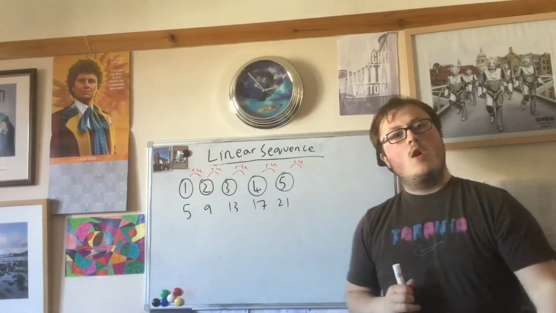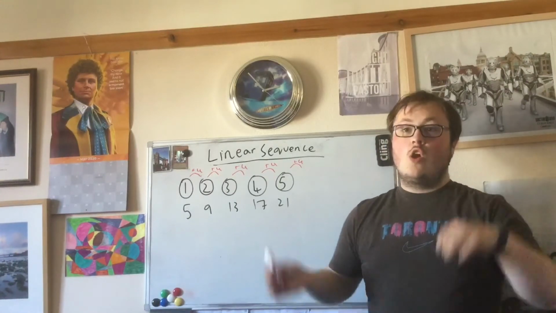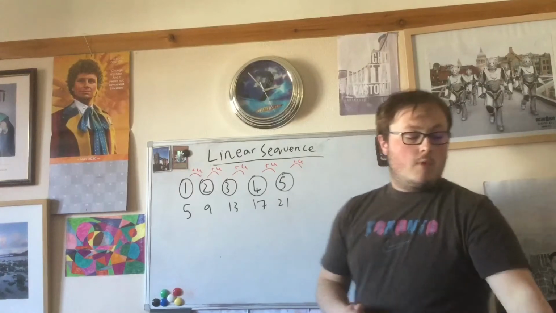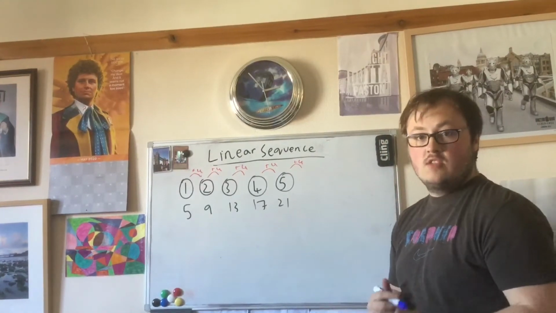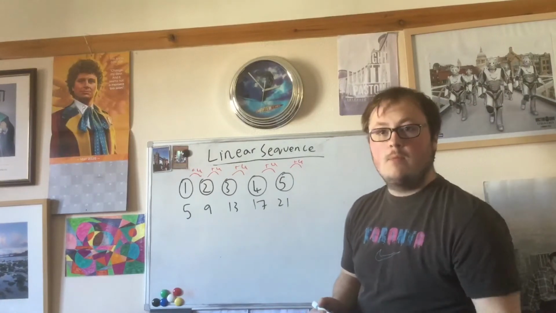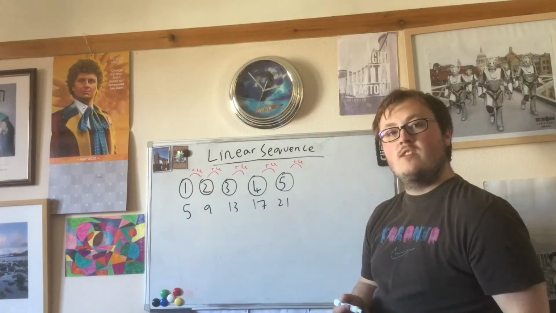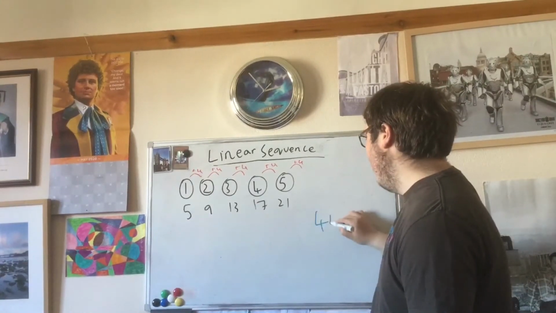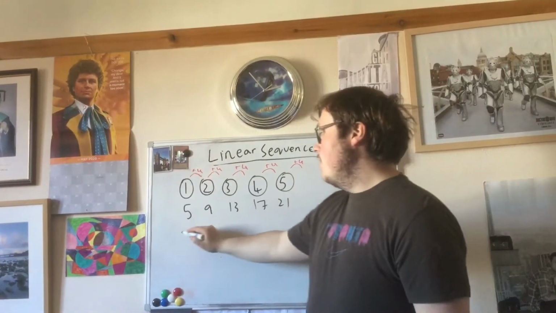Question 2. Which sequence also goes up by 4? Well, if you looked at the one I just did with the times tables, the 4 times table goes up by 4. Remember, 1 times 4 is 4, 2 times 4 is 8, and that's also known as 4n. So I'm going to write 4n under here.